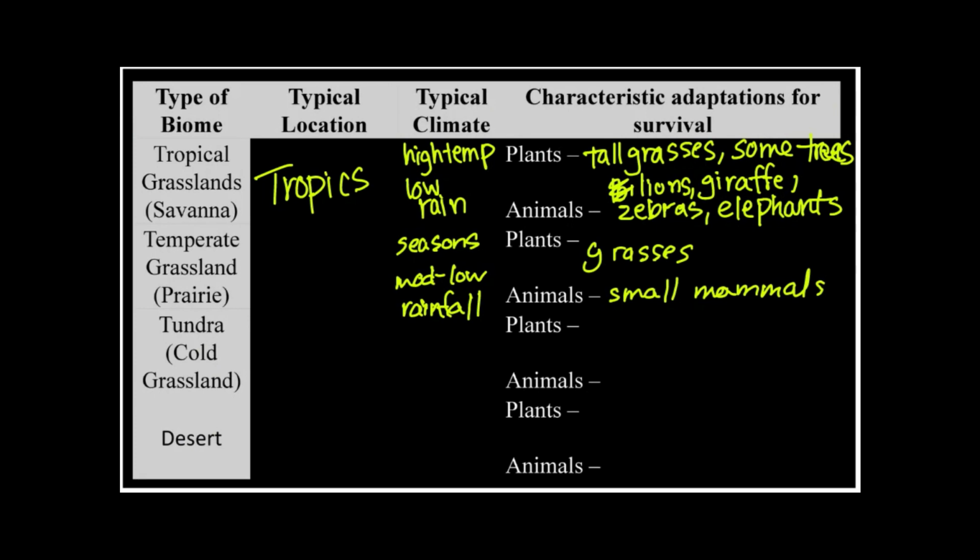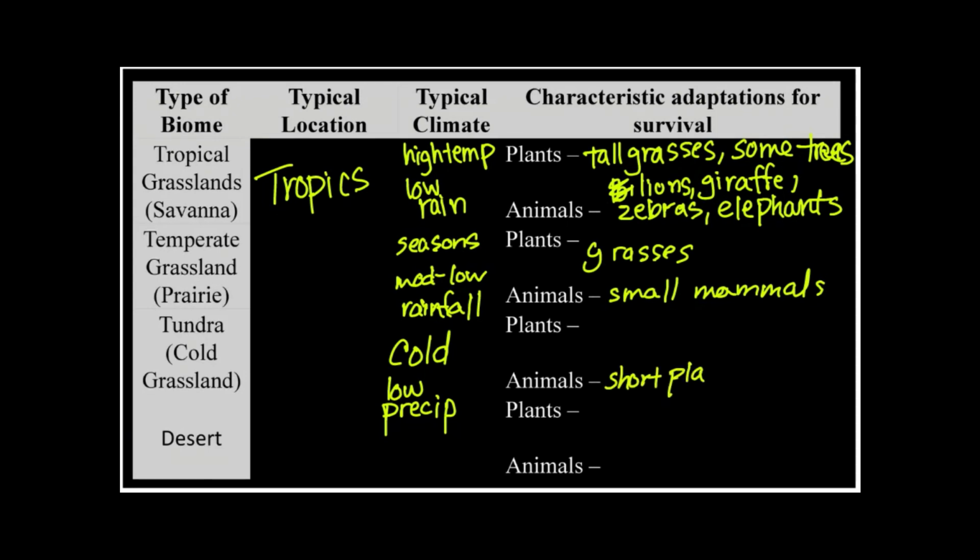Okay, then we have the tundra, which is like a cold grassland. It's not going to get as much rainfall as the taiga, and it's going to be cold almost all the time. And so you're not going to get a lot of plants here, maybe lichens, some things like that.